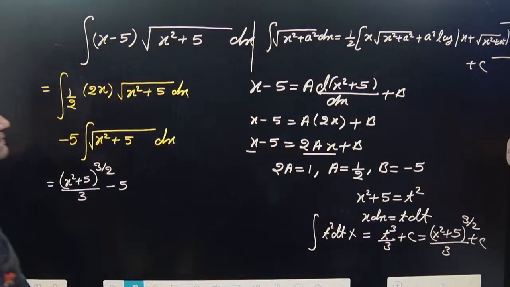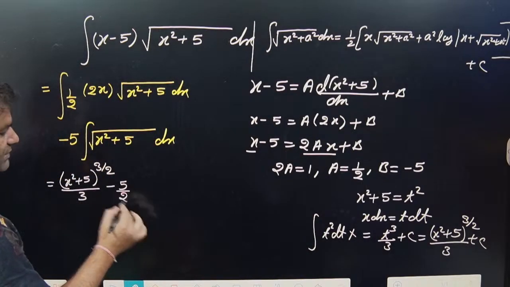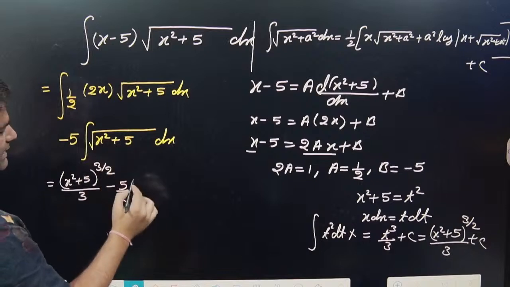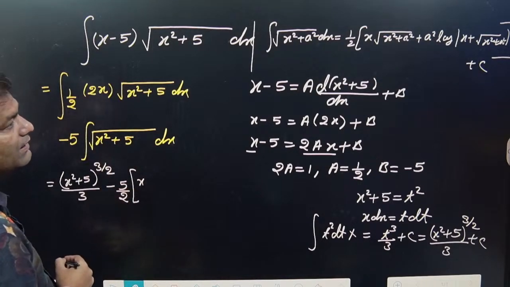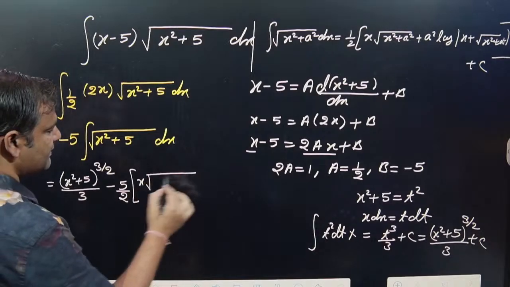So first I have written 1 by 2. x is simply x, so x under root x square plus a square.